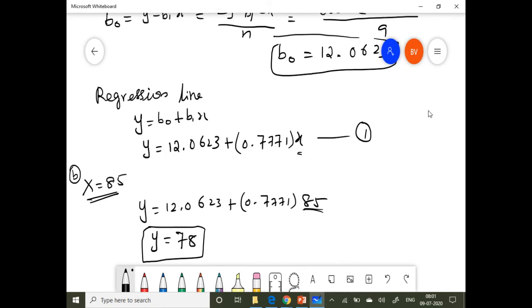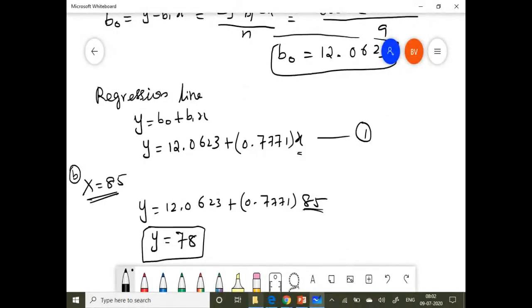He scored 85 in midterm, but by forecasting you get 78. So there are some errors actually. The errors are the residuals. We are going to find residuals. How do you find a residual actually? There is a problem though, and we will discuss it in that problem. Okay, that's the end of this problem.